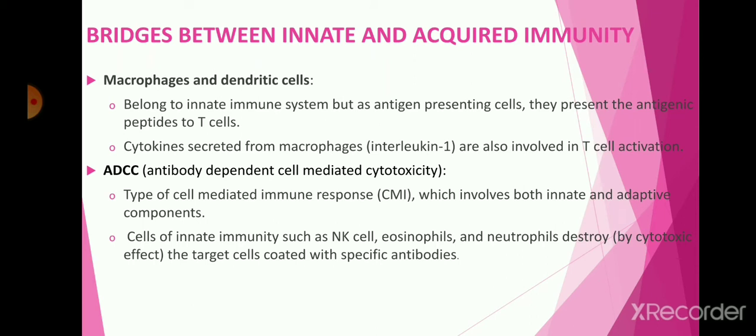Whenever an antigen invades the body, these cells phagocytose it and present the antigen on the surface of their receptors, presenting the antigenic peptide to the T cells and activating T cell formation, which is the T killer cell or T helper cell.